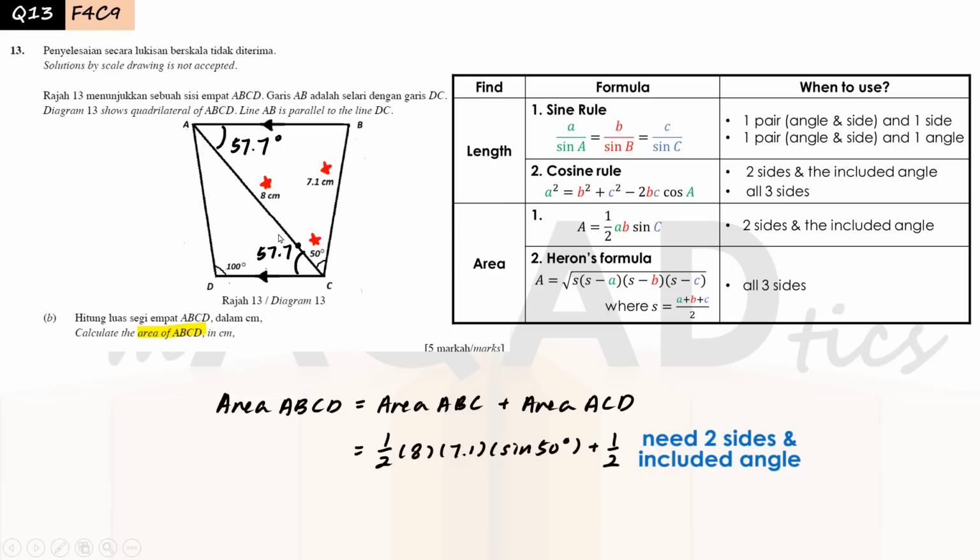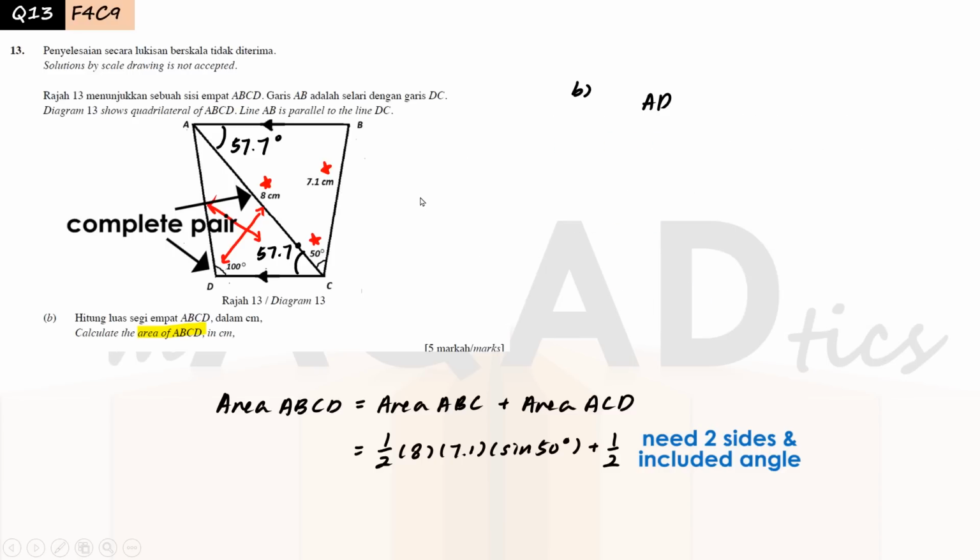Now to find one of the sides, we have one pair already and we have the angle here. So why not use the sine rule to find the length of this line? If we find the length of this line, then technically we have two sides already. So let's use the sine rule.